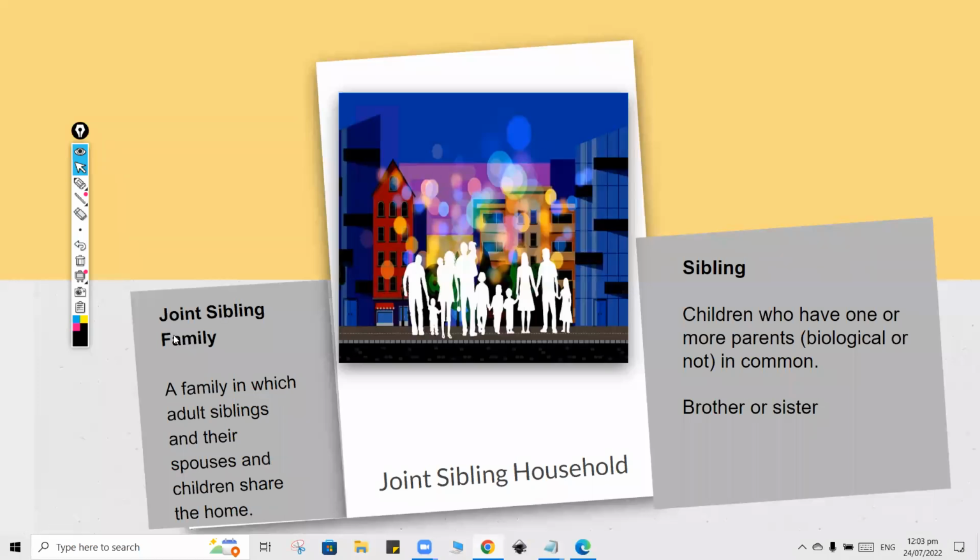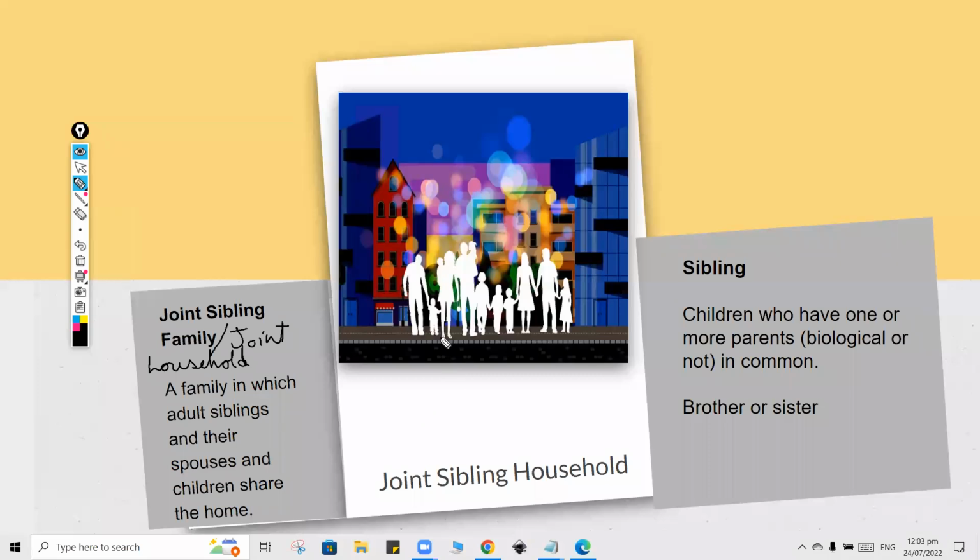All right, so here again is our next type, joint sibling family, or sometimes you might see joint household. So the question could say joint household, right?